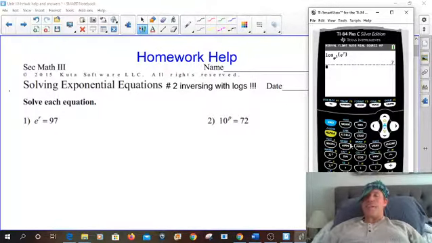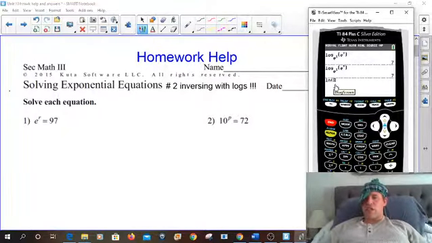Because it's that amazing, just like pi has its own button right here, so does e, and so does ln. e is right here, and ln is its opposite. So ln is the same as log base e. Let me show you that. So log base e is the same as ln.